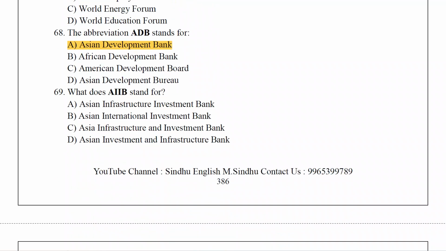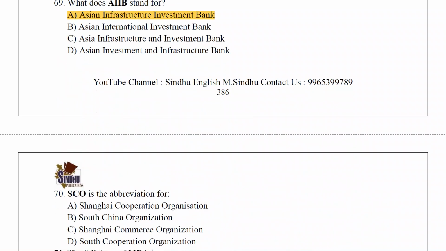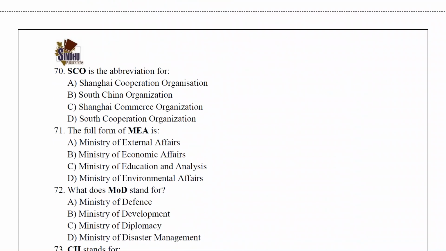What does AIIB stand for? Asian Infrastructure Investment Bank. Next, SCO is the abbreviation for Shanghai Cooperation Organization.